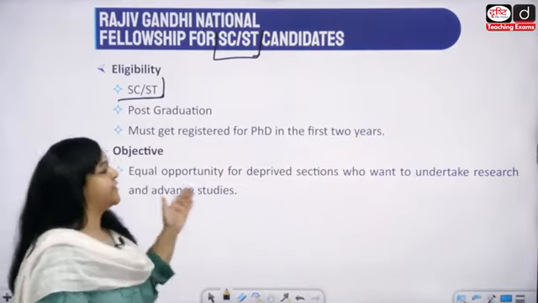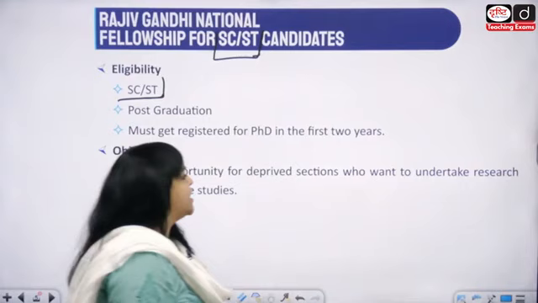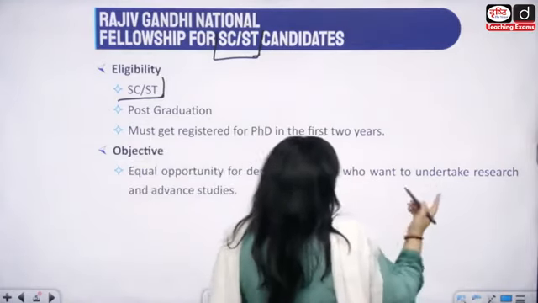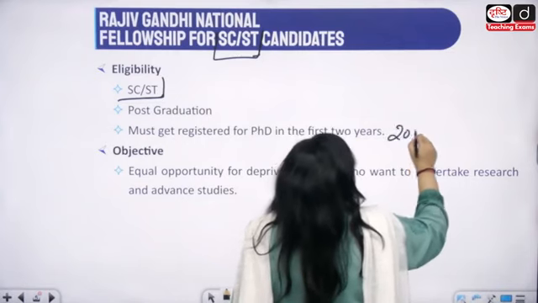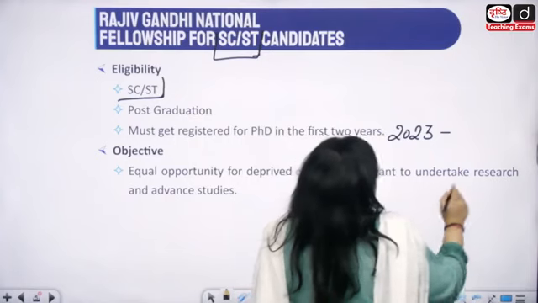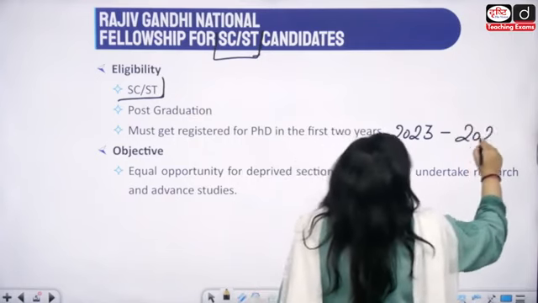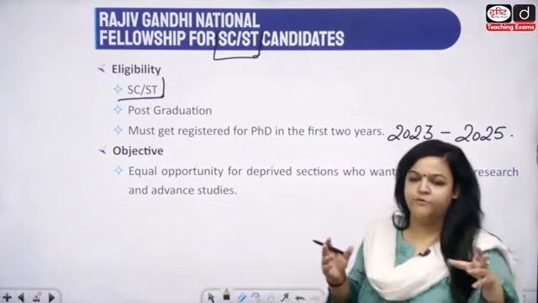And you must get registered for PhD in the first 2 years. So if you have applied for this fellowship in 2023, then you should be registered in PhD by 2025.